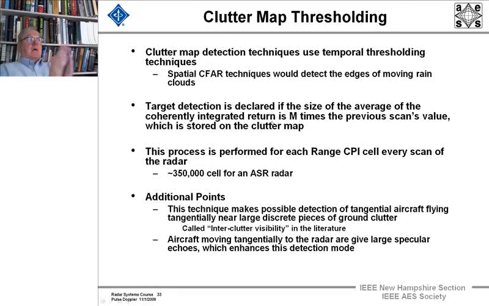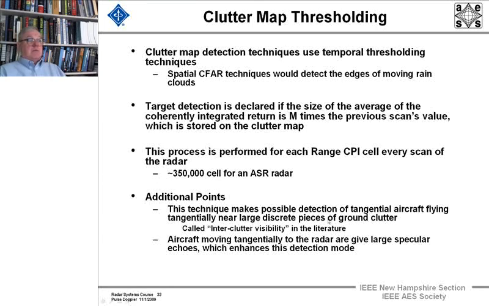So you coherently add up all the pulses before you do any filtering, and if you average them and you're 4 times what's stored on the map, you say, yep, we got a target tangentially. That clutter map was implemented for 350,000 cells. These are the range CPI cells. And then you got another 8 Doppler cells.